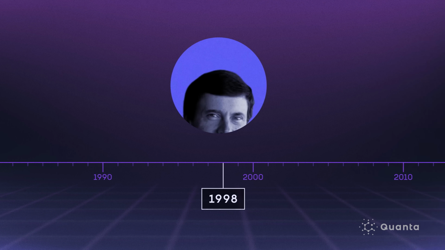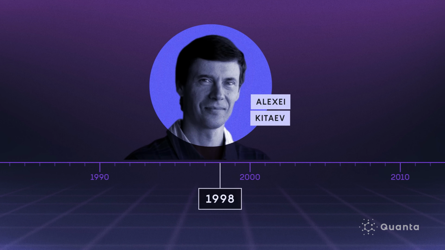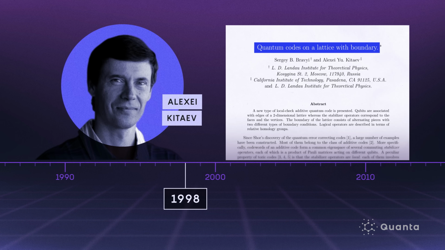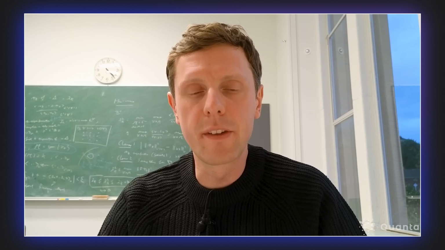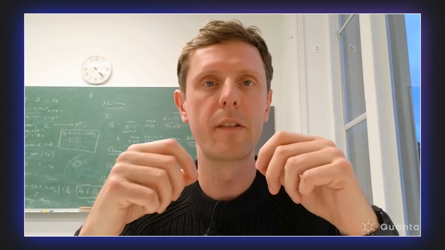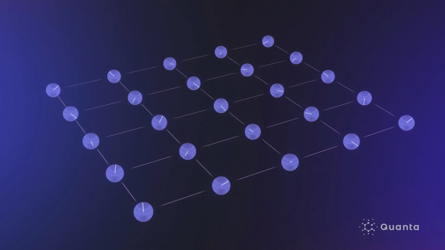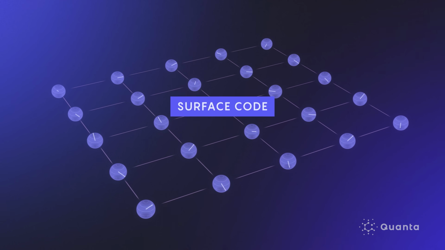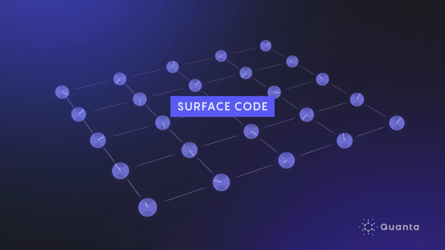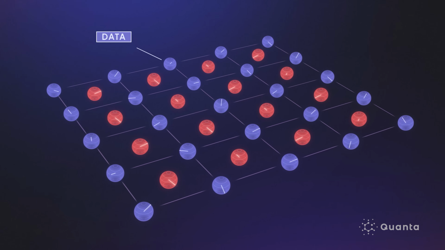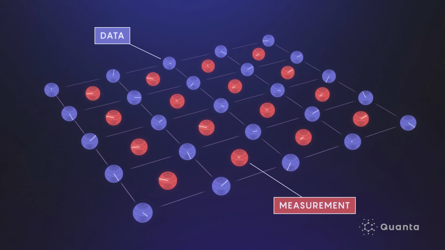Then, in 1998, Russian physicist Alexei Kitaev proposed one such technique called the surface code. The surface code, a very surprisingly simple scheme. We just place our qubits on a square lattice and then perform local measurements on these qubits. With the surface code, qubits are arranged in overlapping grids, consisting of data qubits and error measurement qubits.